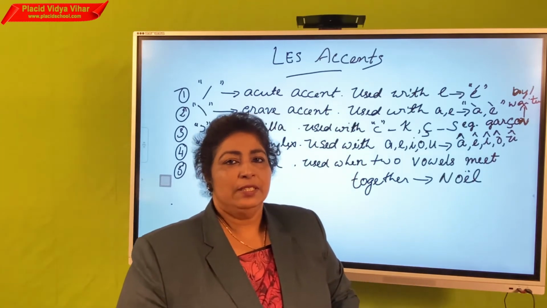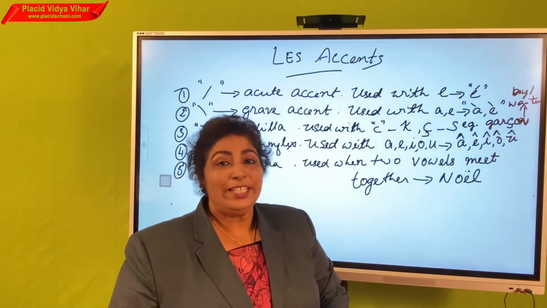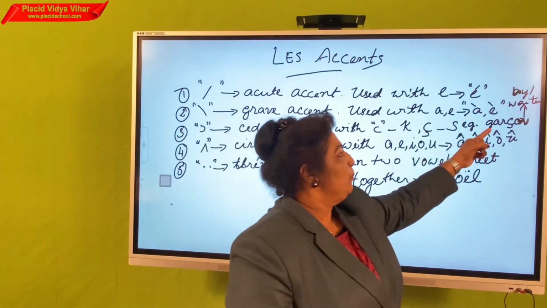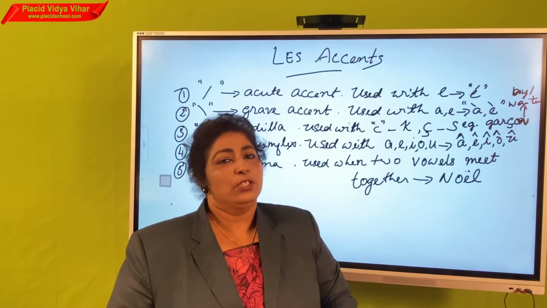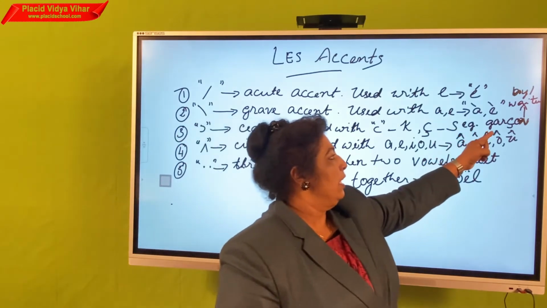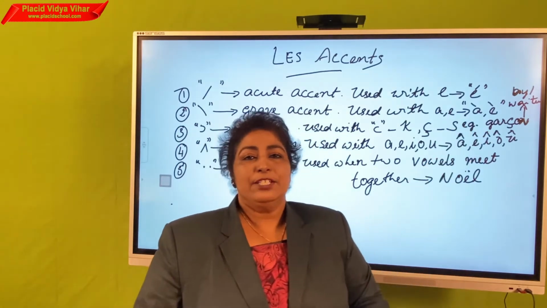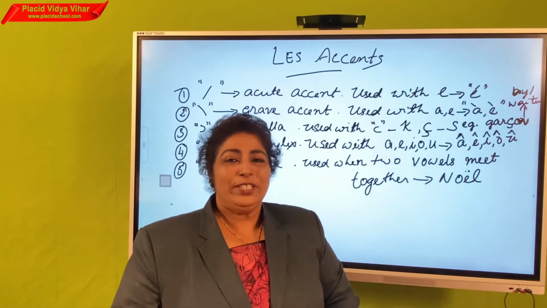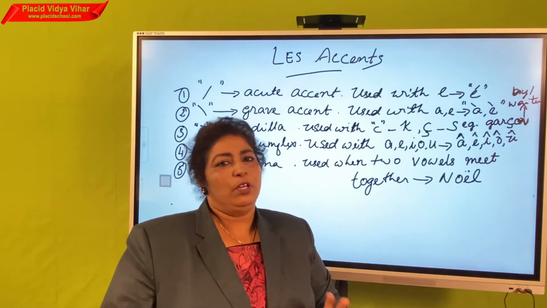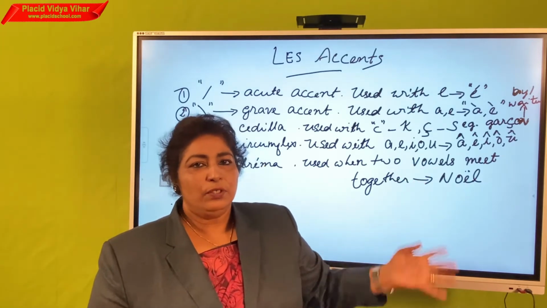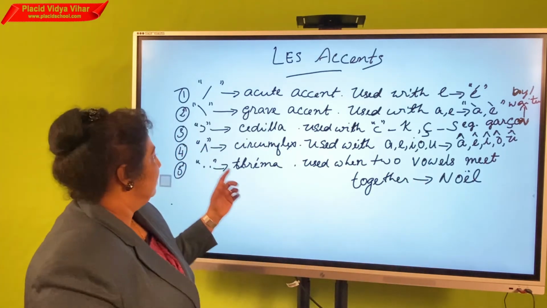Garçon means boy or waiter. If you don't put the cedilla, it is pronounced wrongly. When you put the cedilla, it gets the pronunciation garçon, which means waiter or boy. Right now, please don't bother about the meanings and all. Simultaneously, you'll get it.